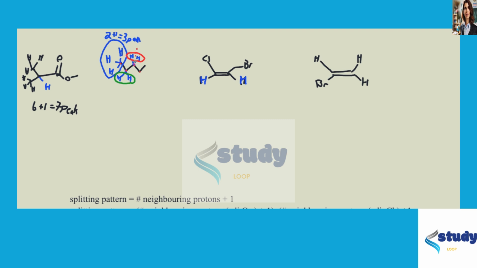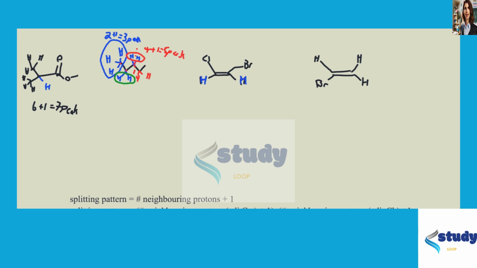This is exactly in the middle of this molecule. So this CH2 on the right side is identical to the CH2 on the left side. So in essence, we have the same adjacent protons on either side of this molecule, so we can still use the first equation here. So we have 4 neighboring protons plus 1, which gives us 5 peaks for these red protons.